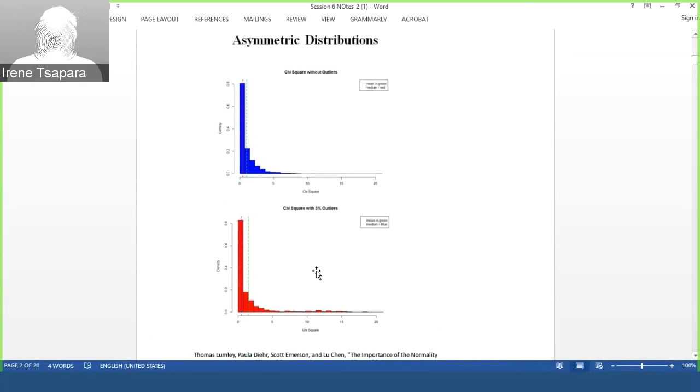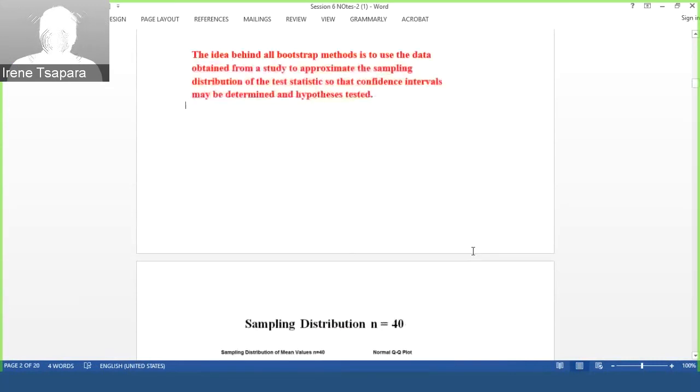Take samples from those with, let's say, 30 different sample points, and assume that I can use the normal distribution in order to run the test. Well, maybe for the top one, but not for the bottom one. The bottom has outliers.